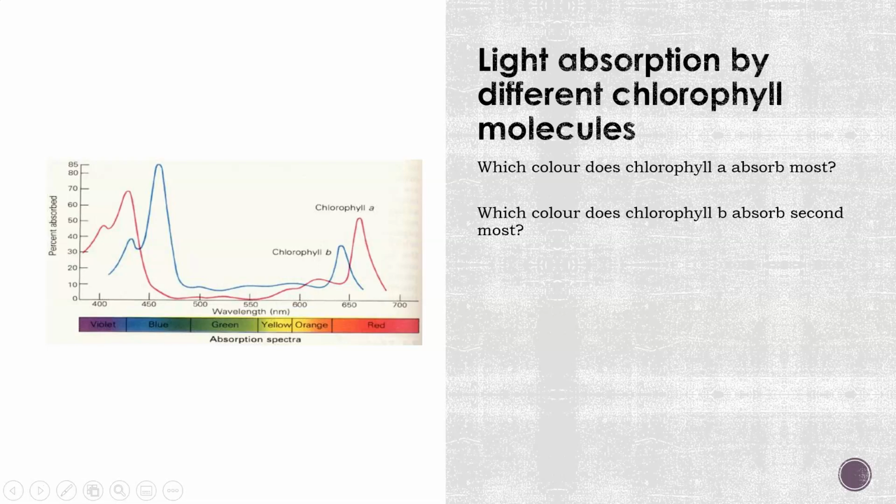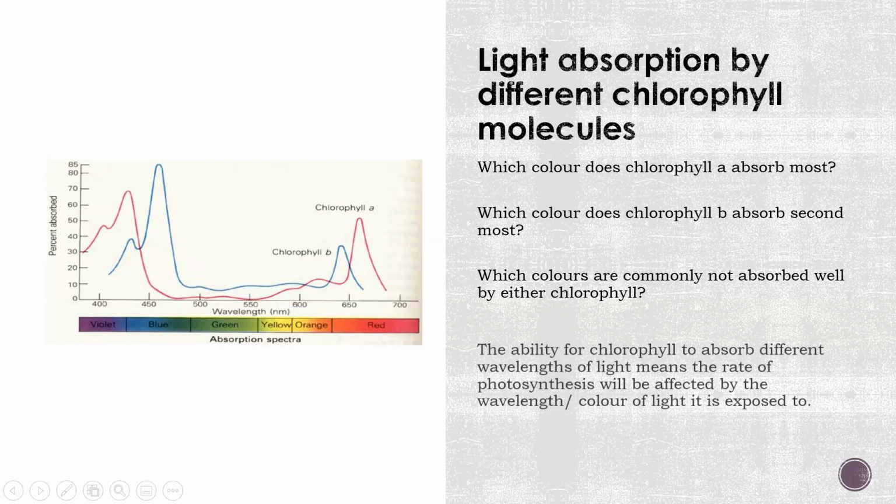I would need to get a ruler and be accurate in my measurement across the graph so I could be nice and precise in my answer. Which colours are commonly not absorbed well by either chlorophyll? That would be green up to about orange, the end of the yellow, the orange, where that is lowest on the graph.